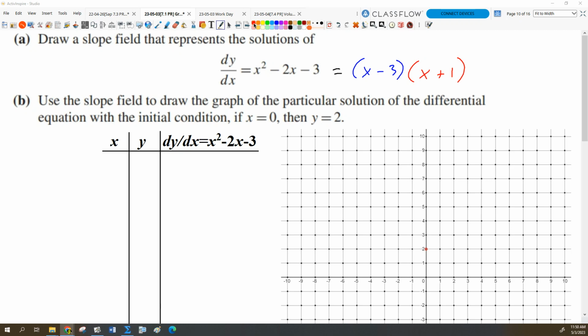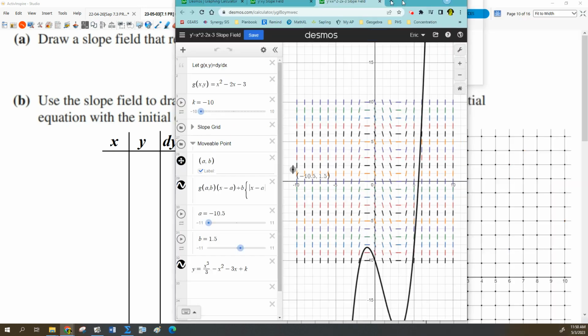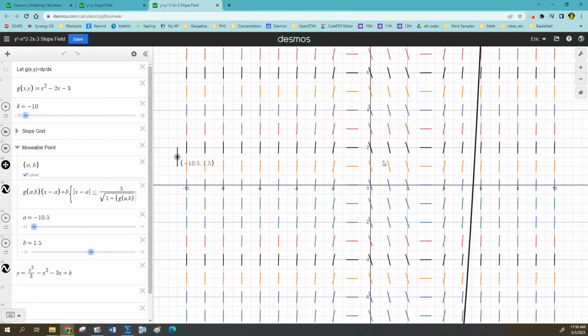So if we look at this one, oh, it's on the wrong screen. Okay, this guy, notice what we see. I should have had the colors go the other way on this one, darn it. Next year.